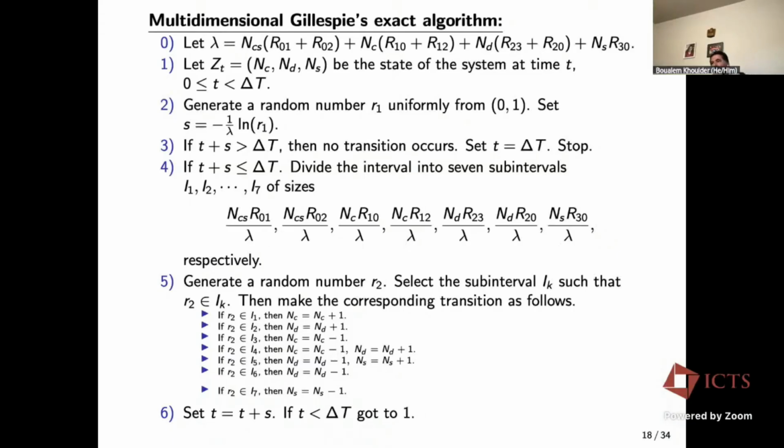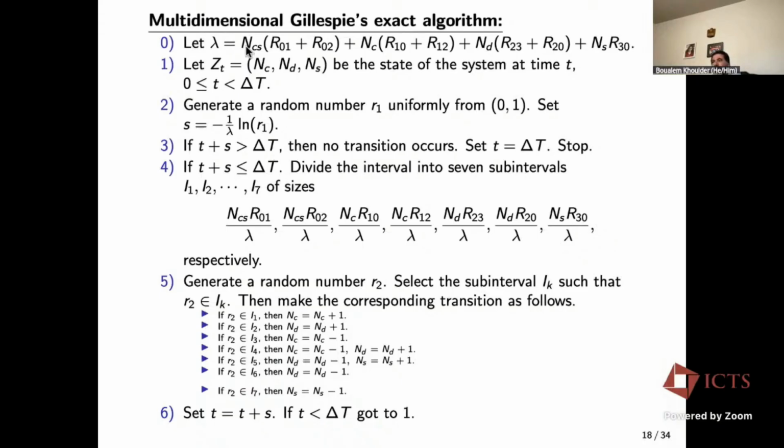So the idea is that you have multiple chemical reactions, and you have the rates of these reactions, and then you have the minimum time before one of the reactions happens, and that will be the rate of the sum of the rates.